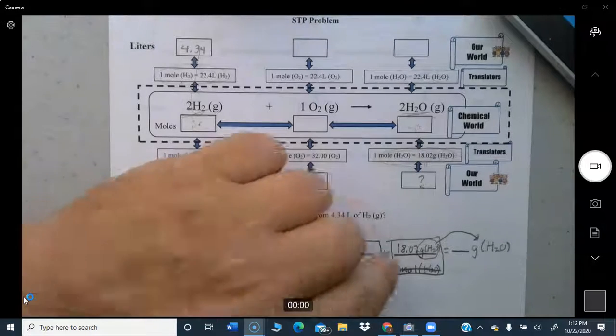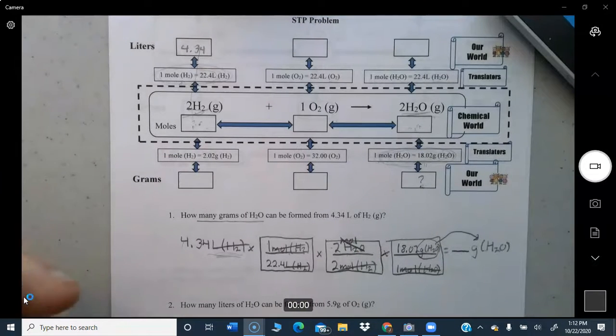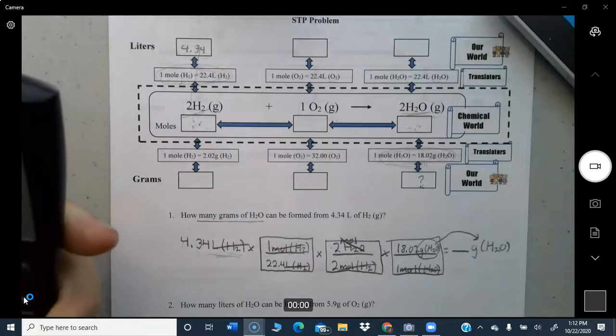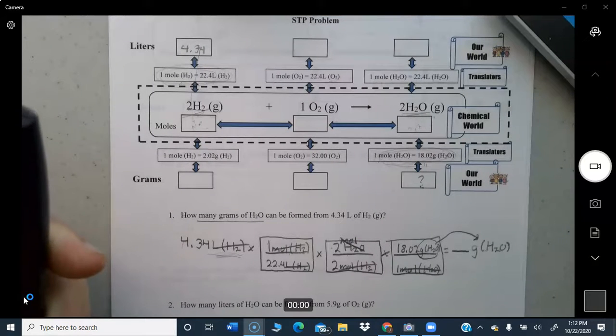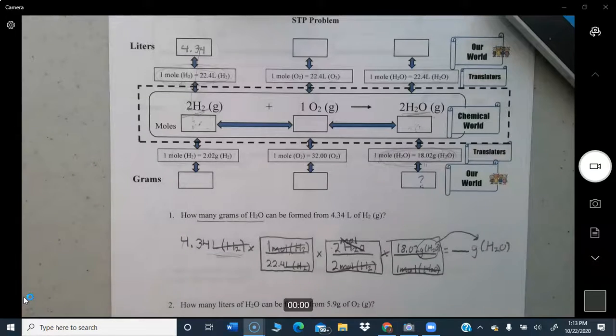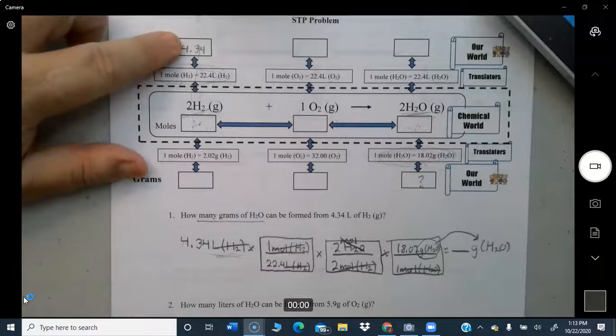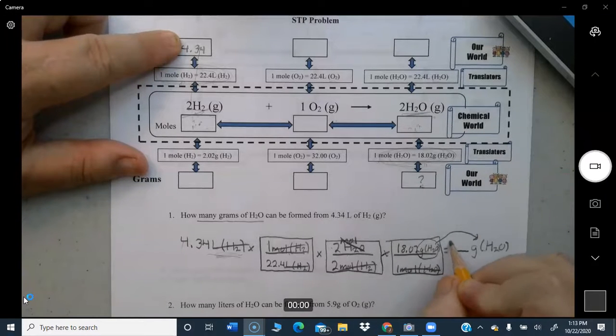So now you multiply everything on the top, divide by everything on the bottom. 4.34 times 1 times 2 times 18.02 divided by 22.4 divided by 2 equals 13.96, and we're limited to 3 significant figures, so we're going to call that 14.0.